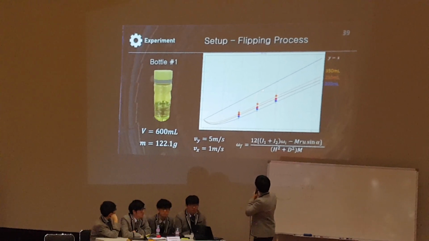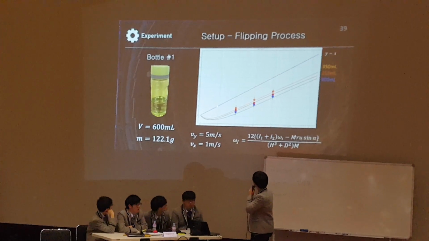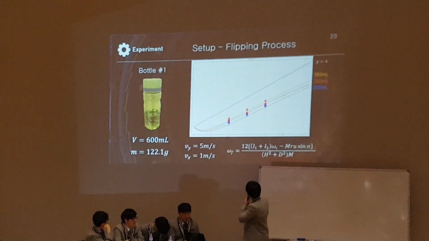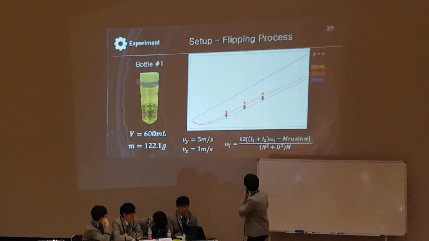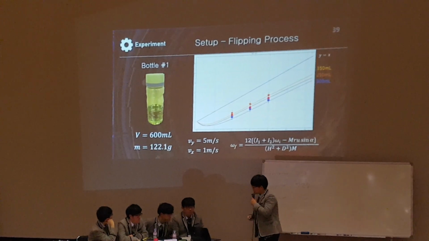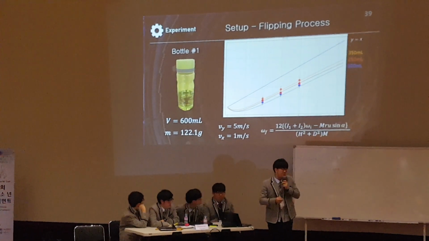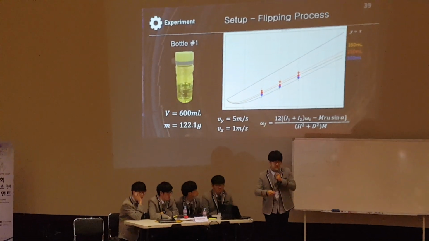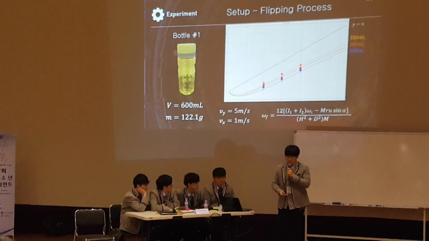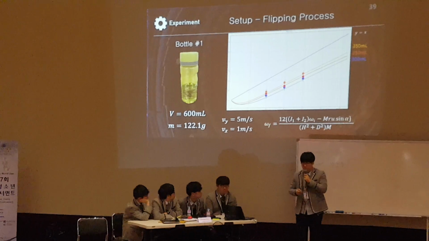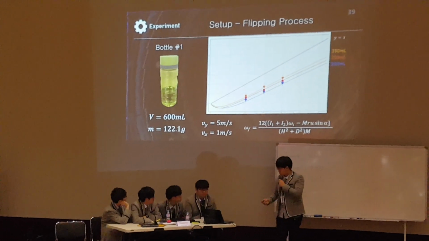This line represents the initial velocity and the final velocity being the same, but the theoretical line lies a little under that line, which means the final angular velocity is less than the initial angular velocity. So this verifies my model for the flipping process.